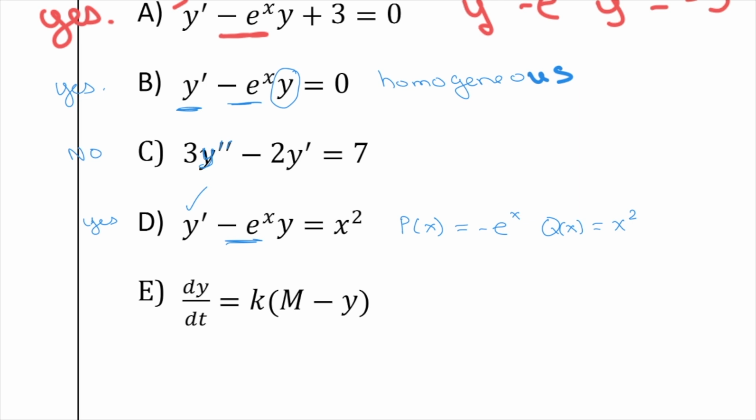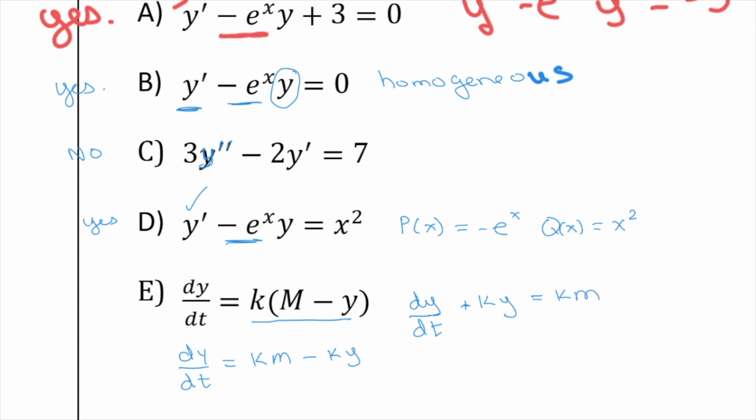Question E. All right, so looking at E, this one kind of looks like it's a logistic equation, but it's not in the standard form of my first-order linear differentials. Let's change this around. dy dt is equal to km minus k times y. Rearrange things a little bit. We get dy dt plus ky is equal to km.